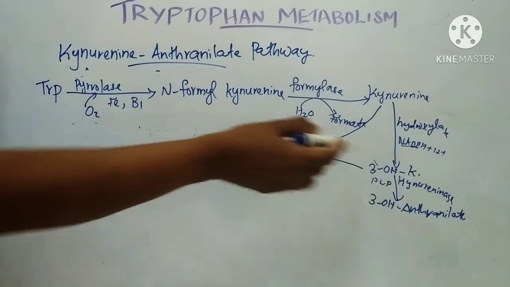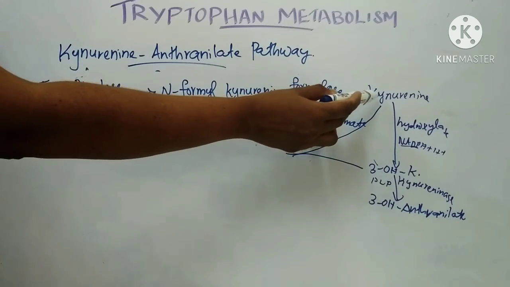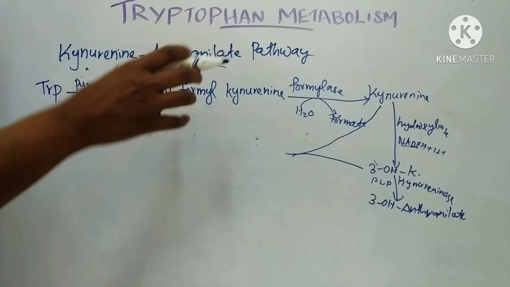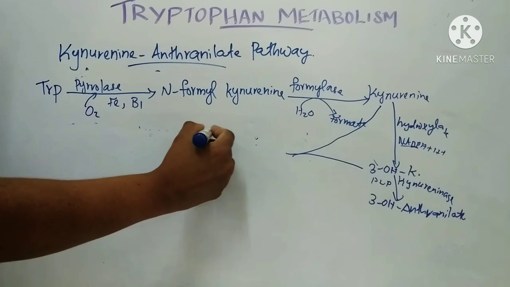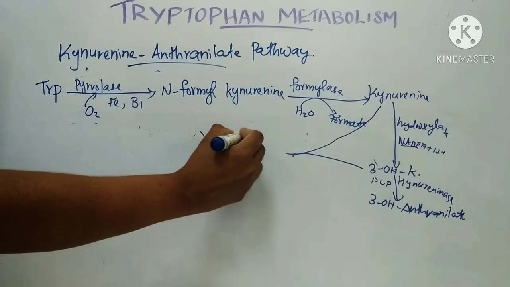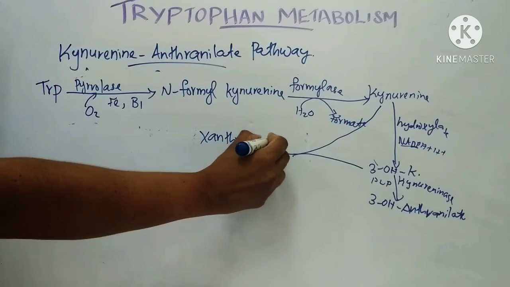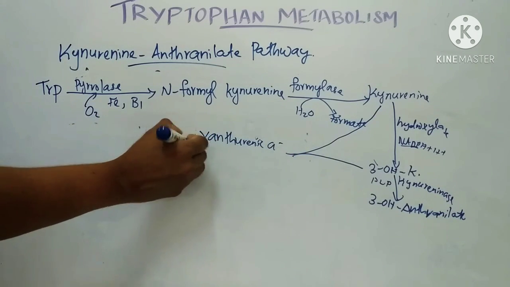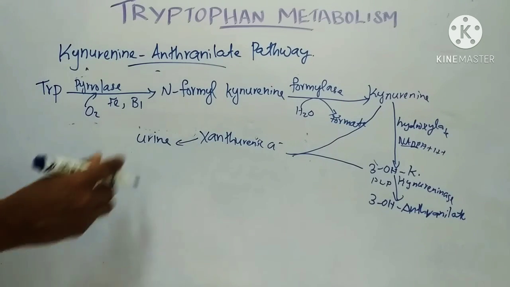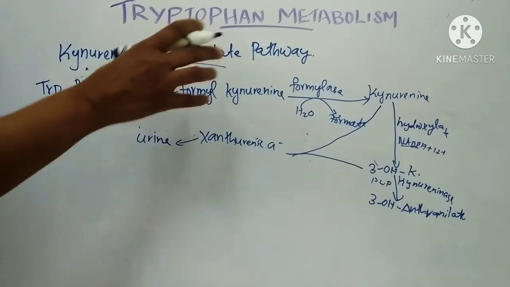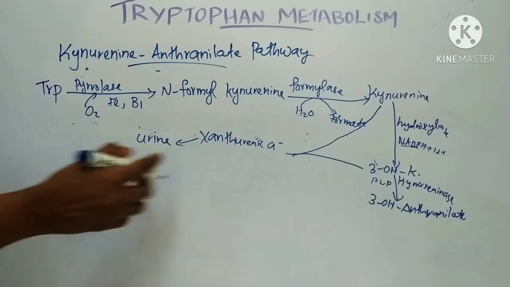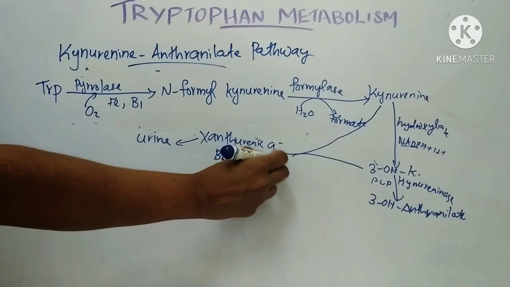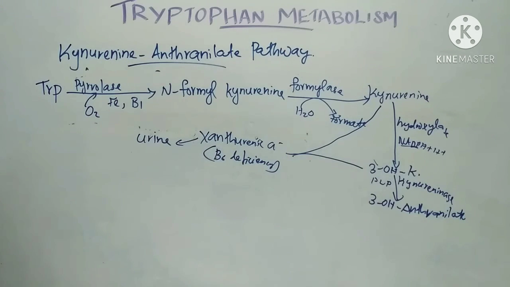Xanthurenic acid is excreted in urine. So xanthurenic acid excretion in urine is an index of B6 deficiency.